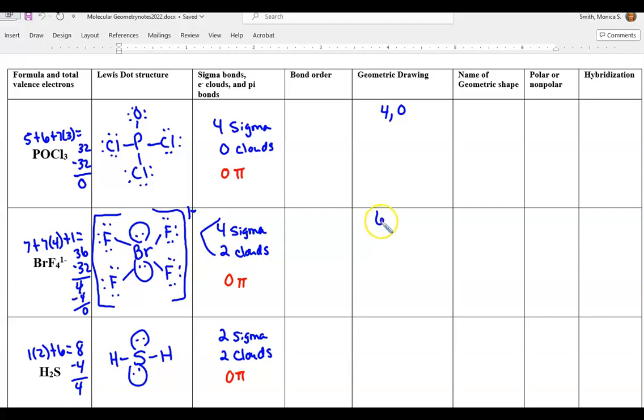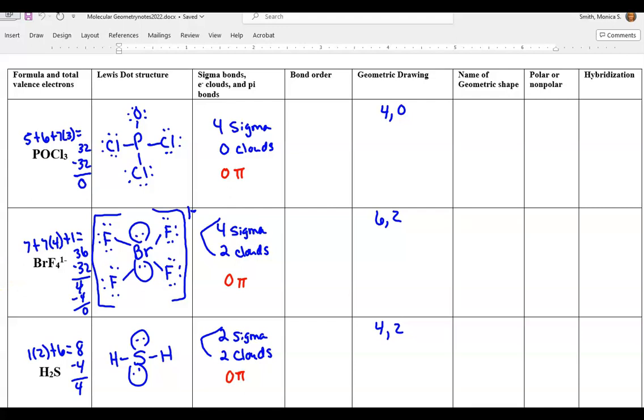Our total is 6, so it's in the shape of something that has 6 things around it. But 2 of those are occupied by clouds. And the total here, what we call the total domain, is 4, and of those 4, 2 of them are clouds. This is going to be a way to help you memorize the name. And that's going to help you figure out the shapes.